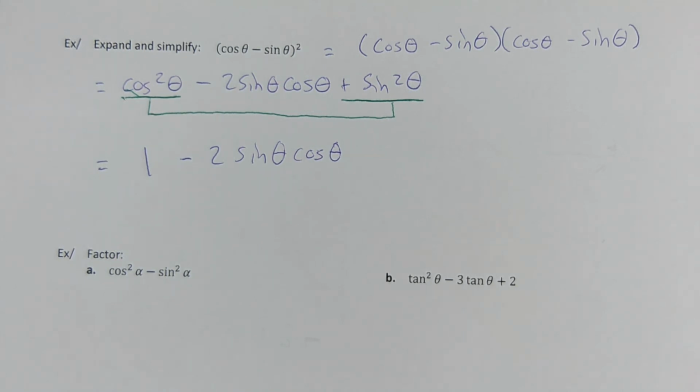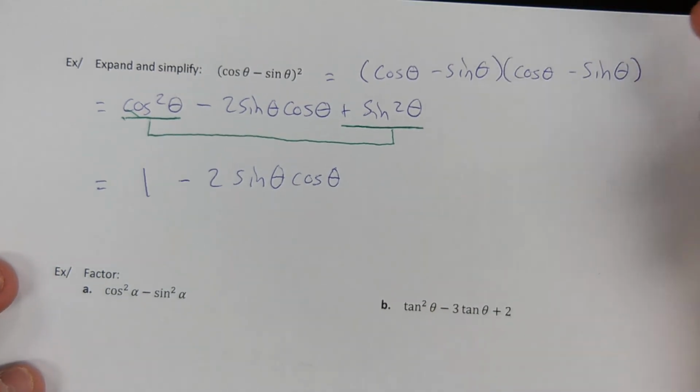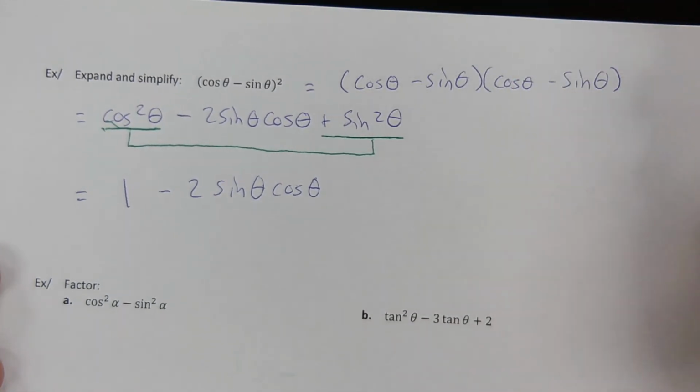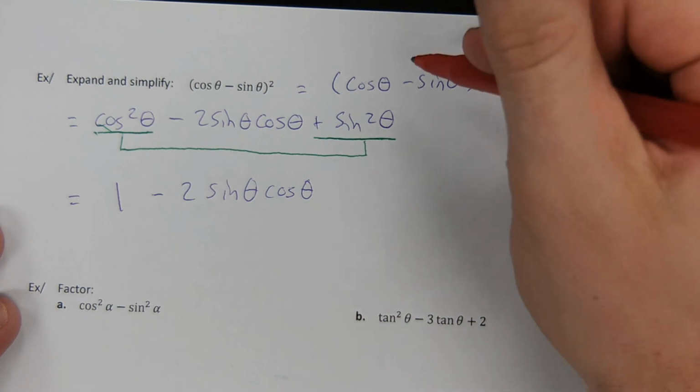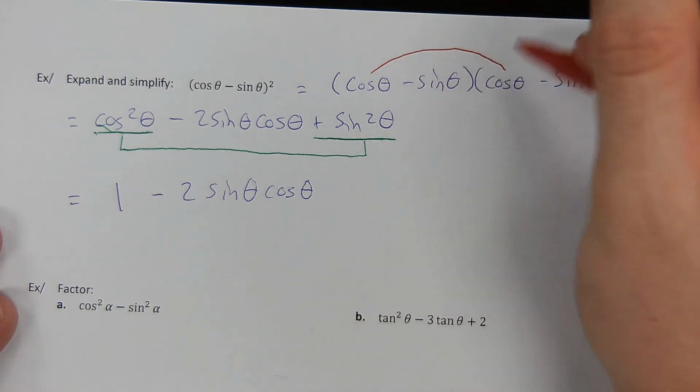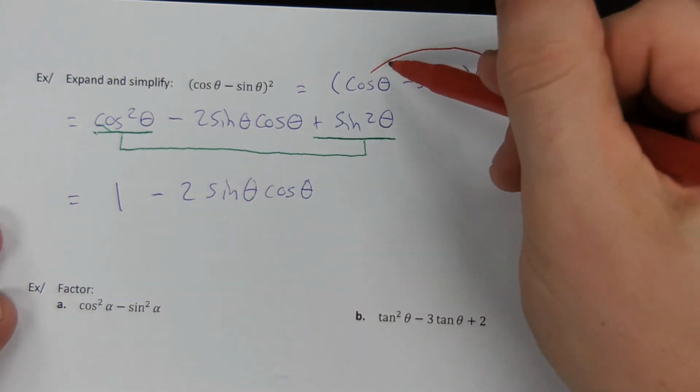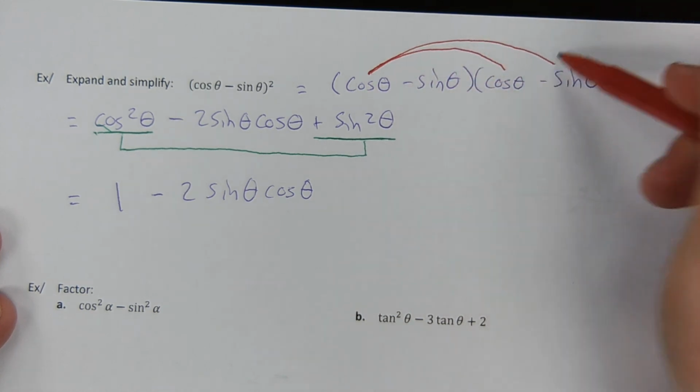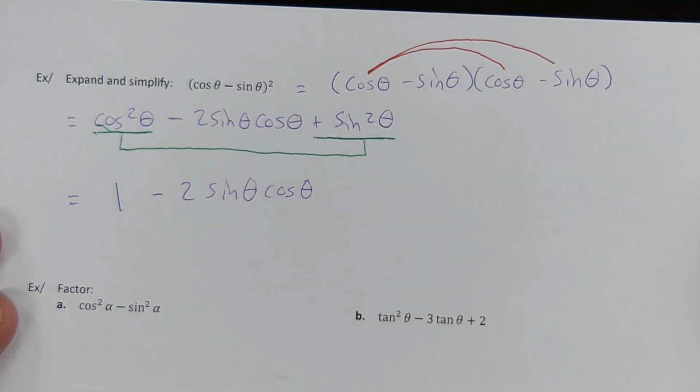What don't you get? I just never learned how to FOIL. I still use Punnett squares. Oh, here. Just watch. Cosine times cosine, cosine squared. Cosine times negative sine gives me negative sine theta cosine theta.